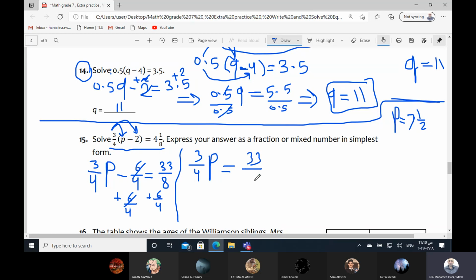33 over 8 plus 6 over 4. Try to make a common denominator. So multiply the 4 by 2 to get 8. Multiply up and down by 2. So we can write here 3 over 4p equals 33 over 8 plus 6 times 2, which is 12, over 4 times 2, which is 8.